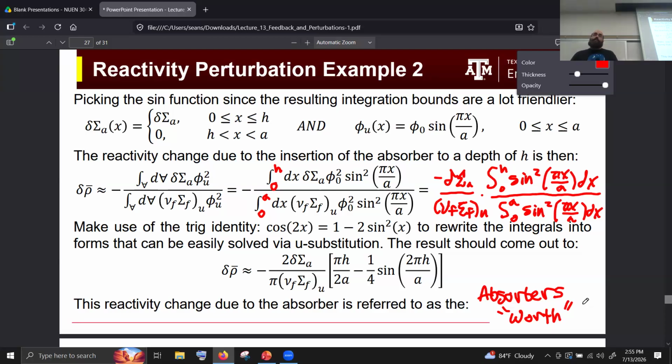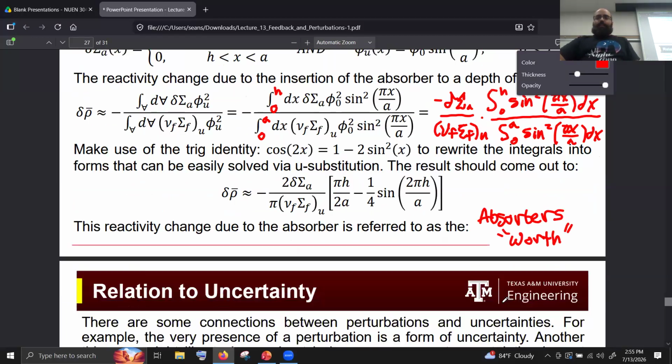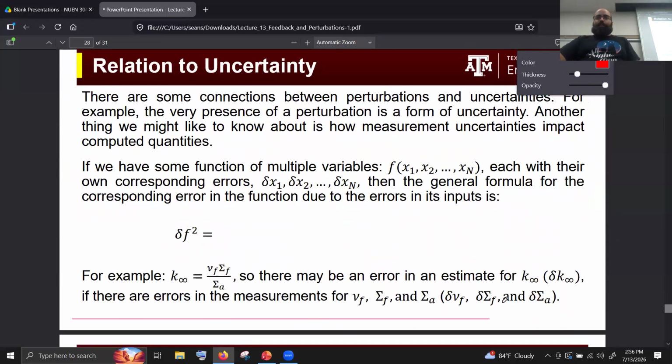You might hear the phrase control rod worth, which would be some number with units of pcm or dollars, and that's basically telling you what the reactivity effect is if you were to fully insert or fully remove that control rod from your reactor. And I think that's everything I wanted to say about perturbation theory.